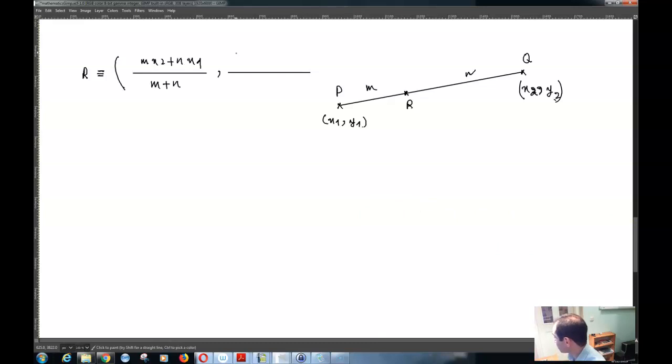Now, what we want to do is geometrically locate the point C if it divides AB externally in the ratio 3 to 1.